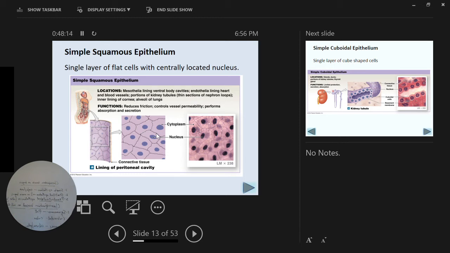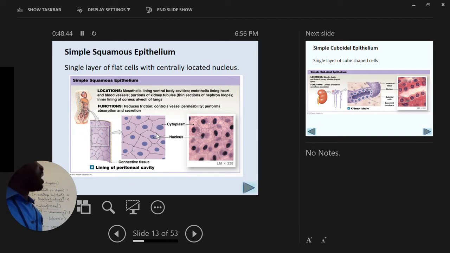Then they reduce friction. So where do you expect to see epithelium that have those features? Obviously, since we have said it helps with vessel permeability, you expect that they will be around the blood vessels. Does that make sense? If they reduce friction, you expect that they will be around the blood vessels. So they are part of the tissues that line the blood vessels. So you see them lining the blood vessels.